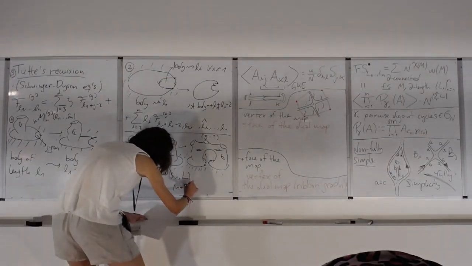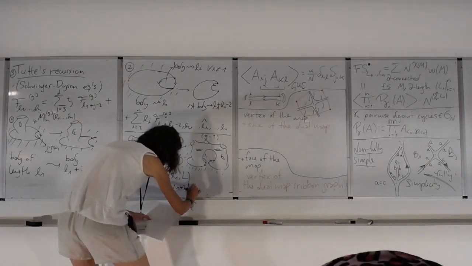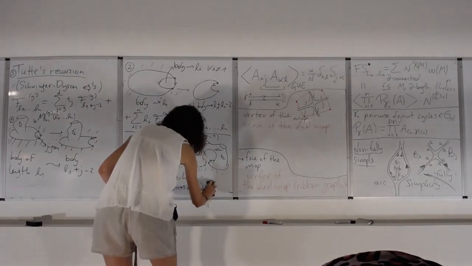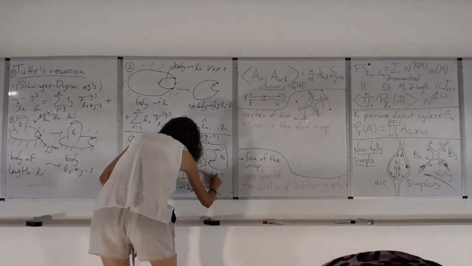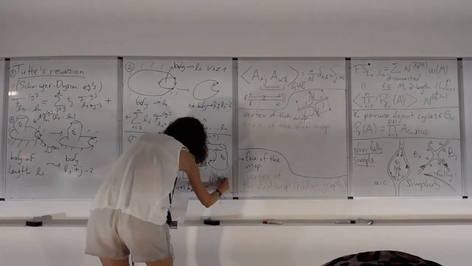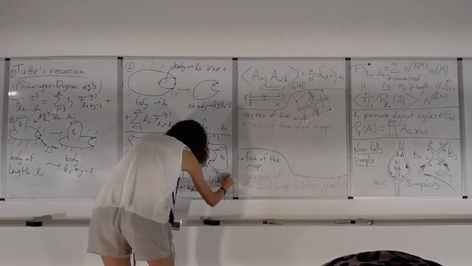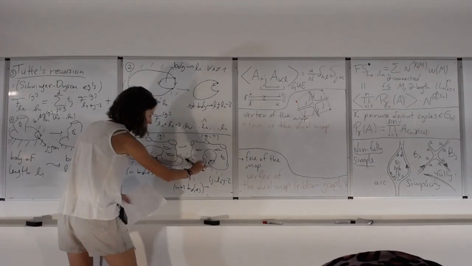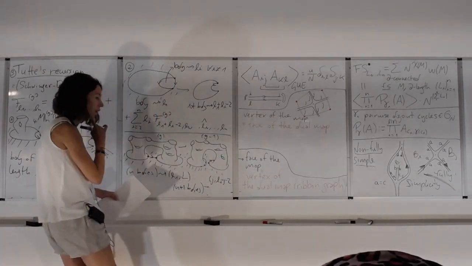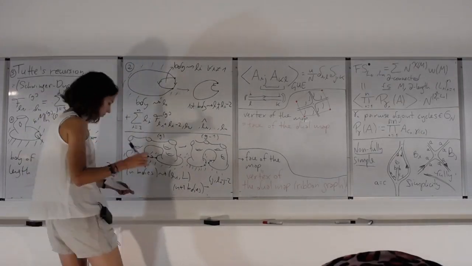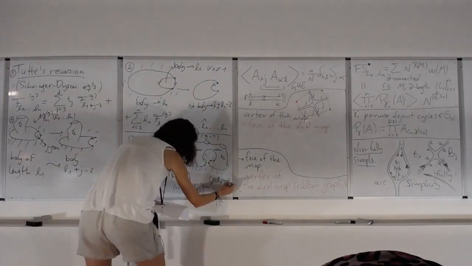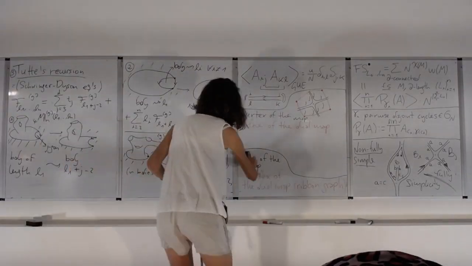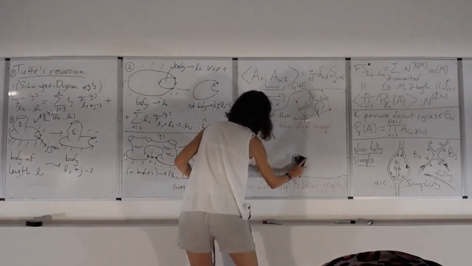And then here we will have n plus 1 boundaries of length j, so j could be anything, and L1 minus j minus 2. So these two have to add up to L1 minus 2, because we just removed two half edges, and the rest stays the same. And then algebraically, this gives us the following type of terms.